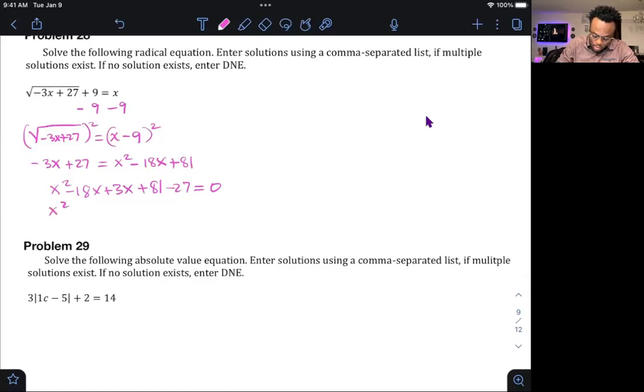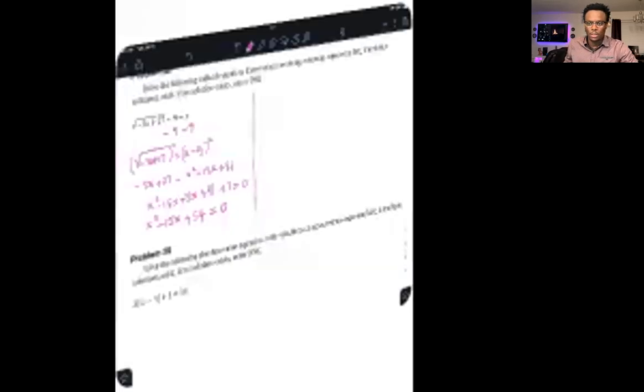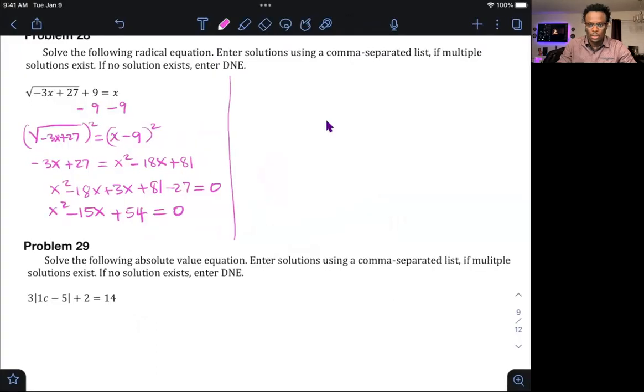x squared minus 15x plus 54 equals 0. The factors, two numbers that multiply to give you 54 and add to -15 are -6 and -9, both of them negative.